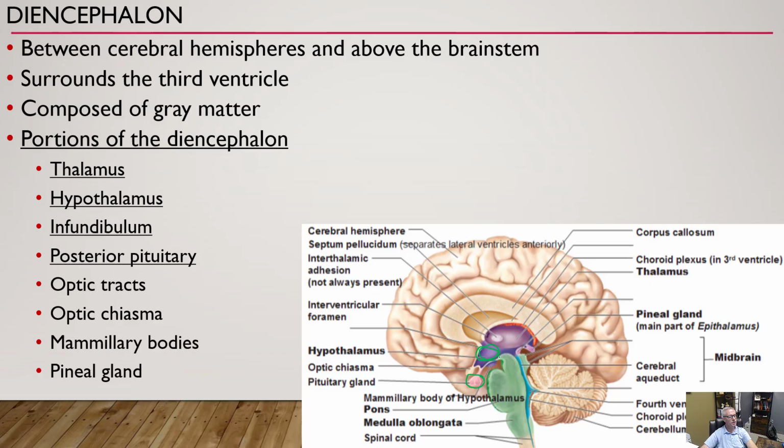Remember, the hypothalamus controls the majority of your negative feedback loops. But the pituitary hangs off of the hypothalamus by this structure right here called the infundibulum. And you'll have to know that. Pituitary gland hangs down off of the hypothalamus by the infundibulum.